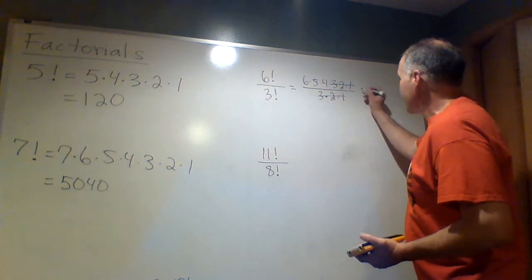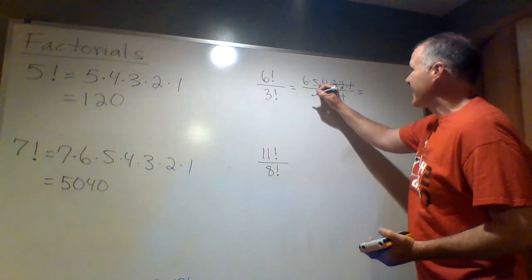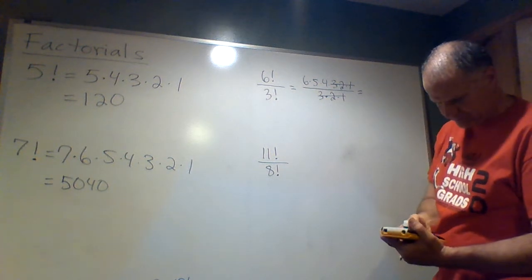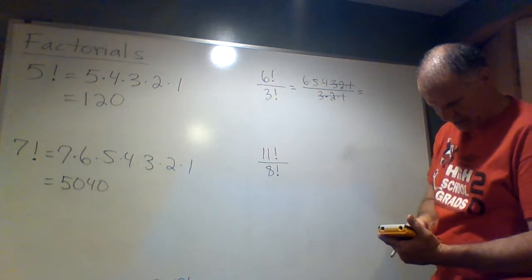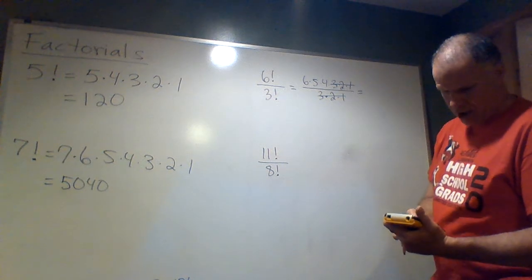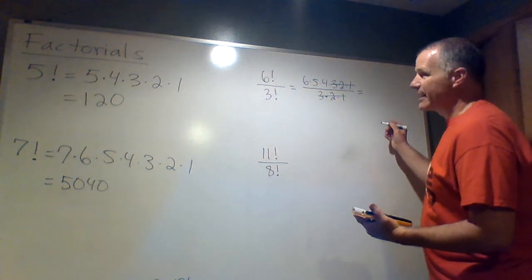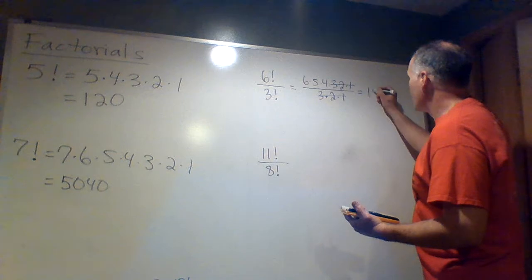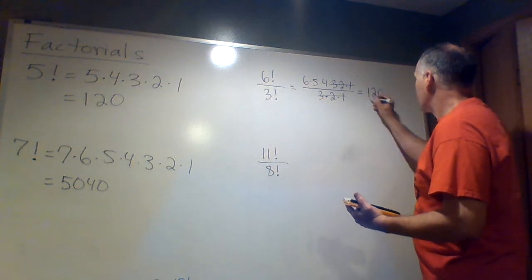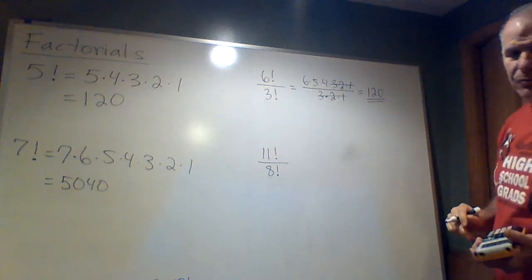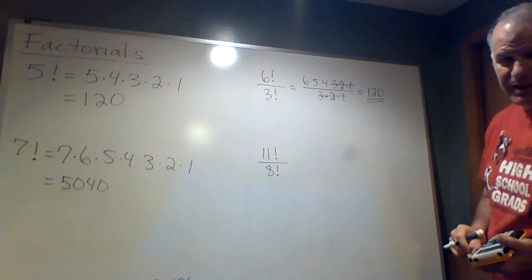So really, guys, all I have to do is multiply those 3 leftover numbers. So 6 times 5 times 4. Boom. We get 120 again. So the answer for that one is going to be 120.